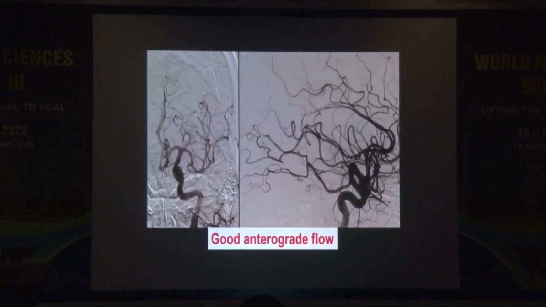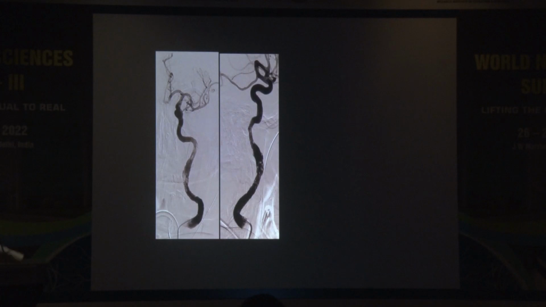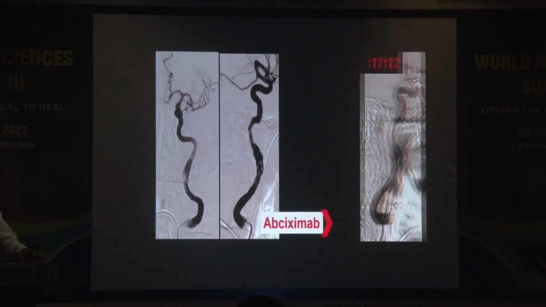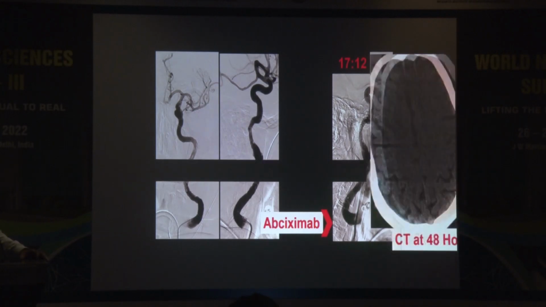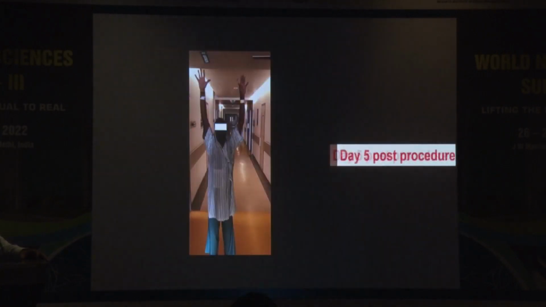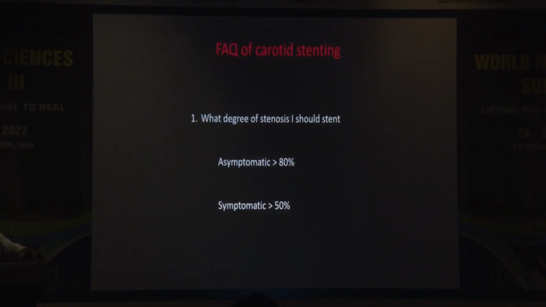Finally, after the fourth stent, we could restore the flow. But as we were waiting, I don't know if you can appreciate, there are a lot of these white plugs, which are clots that have formed in this stent because there is a lot of metal in an acute emergency situation. We had to give a GP2B inhibitor, and this is the CT at 48 hours and day 5 post procedure. The patient recovered completely.